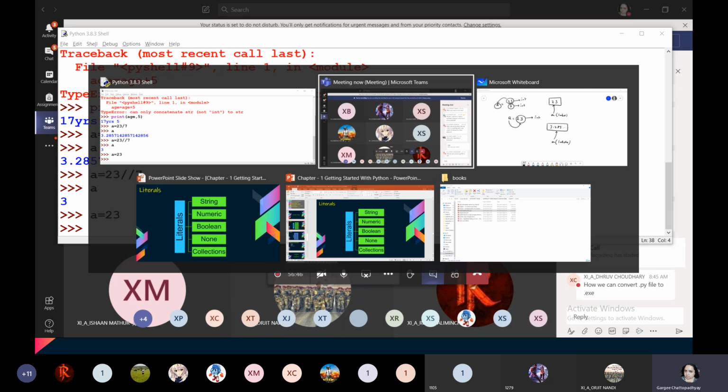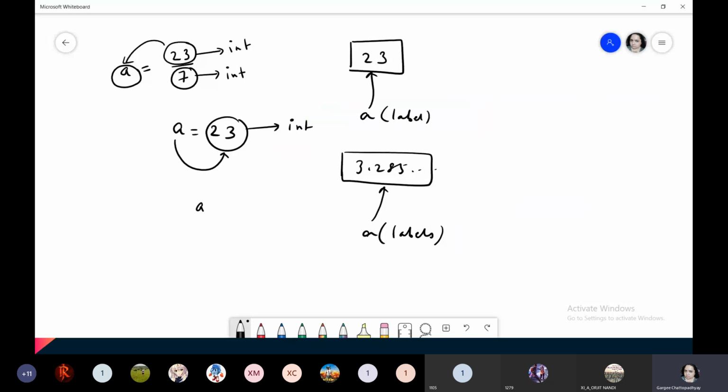If you are dividing like a equals 23 divided by 7, using the division symbol will give you the values after the decimal point. But if you don't want the values after the decimal point, you will write 23 floor division 7. Floor division also divides 23 by 7, but it only returns the value before the decimal point. So the answer here will be only 3. Okay, ma'am.